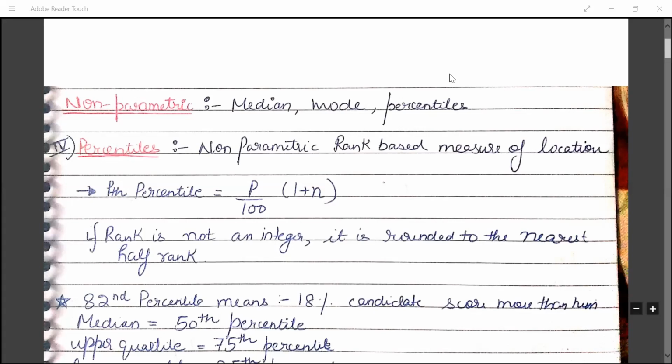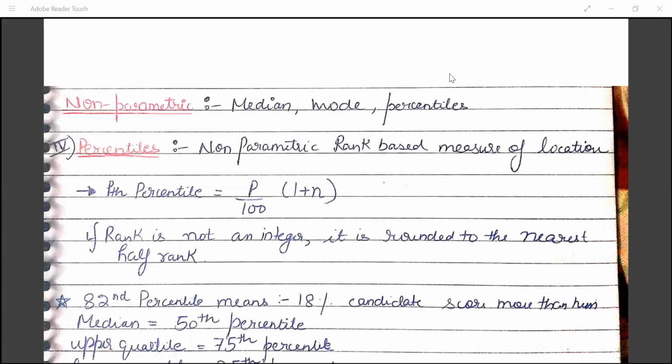Percentile is basically the percentage of numbers which fall below that number. Suppose in various exams like GATE, we say that this person has 82 percentile. That means 82% of people are scoring below his marks, whereas 18% of people are scoring above his marks.